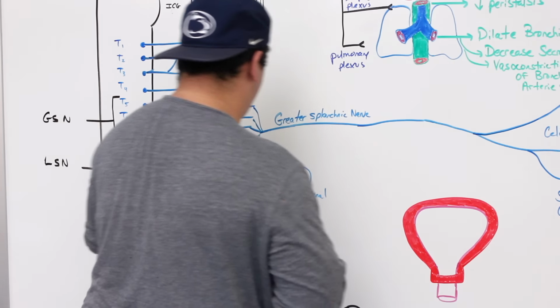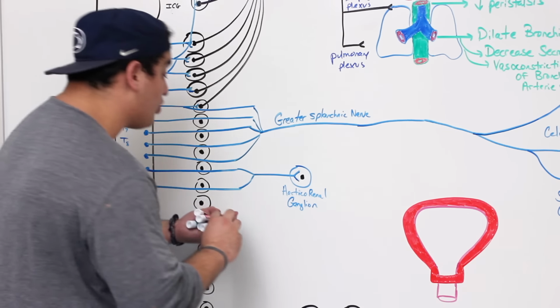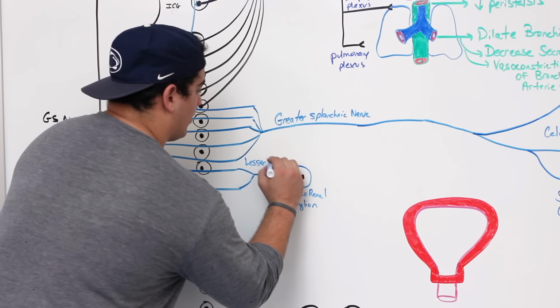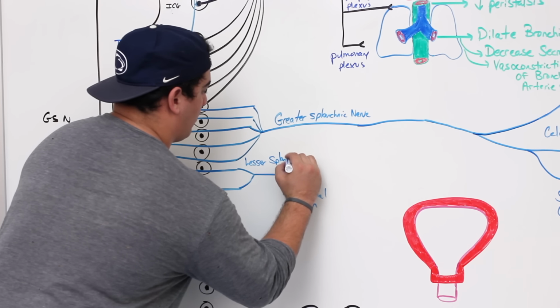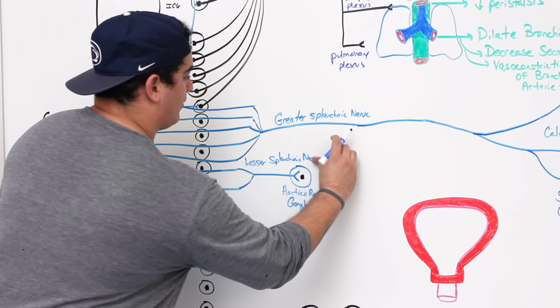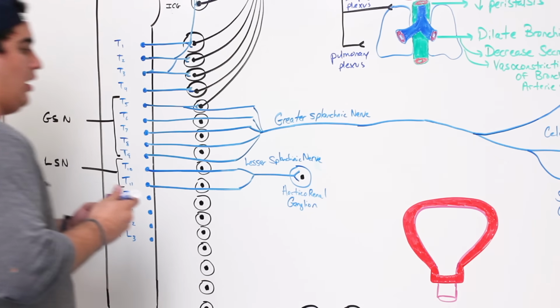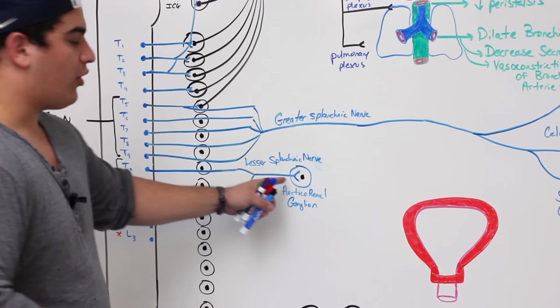So we got T10, T11, which is going to pass right through. And then again, what is this nerve called? Lesser splanchnic nerve. Sorry, guys. Lesser splanchnic nerve. Now that'll go to the aortico-renal ganglion.